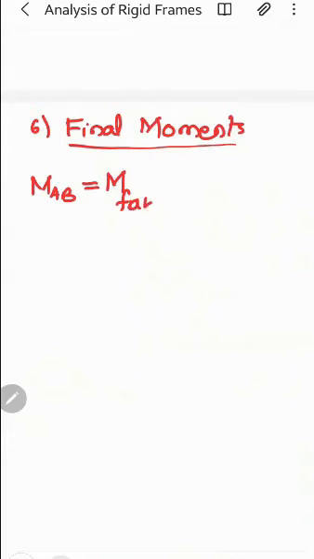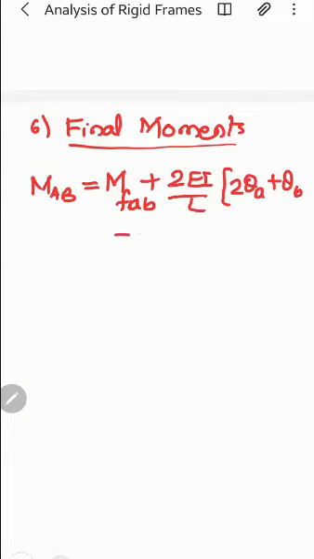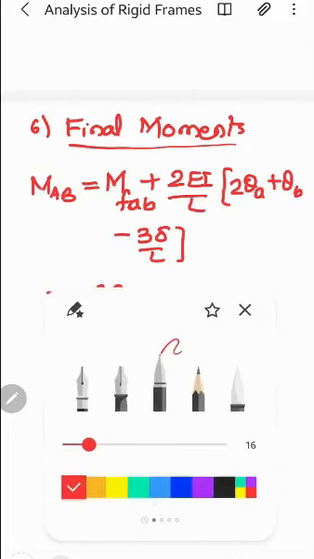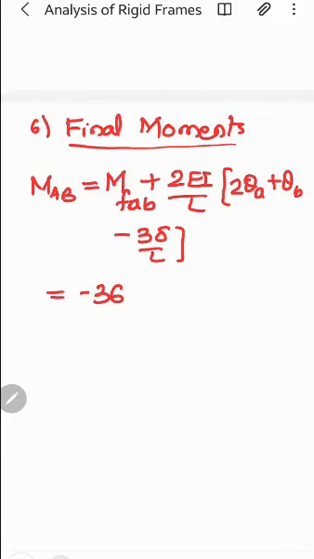MAB is equal to MFAB plus 2EI over L into bracket 2 theta A plus theta B minus 3 delta over L, right? So what is this? MFAB is minus 36, plus 2EI, for member AB it is I only, divided by the length of the member.